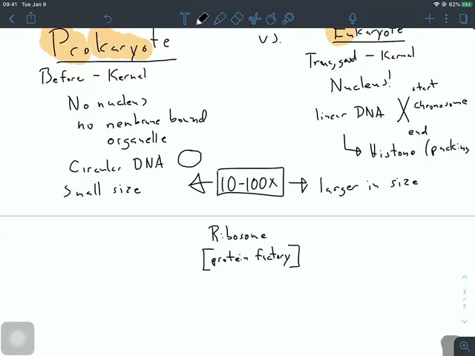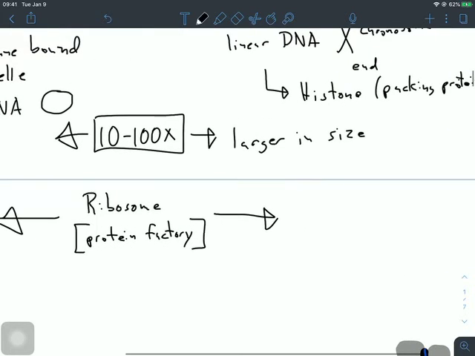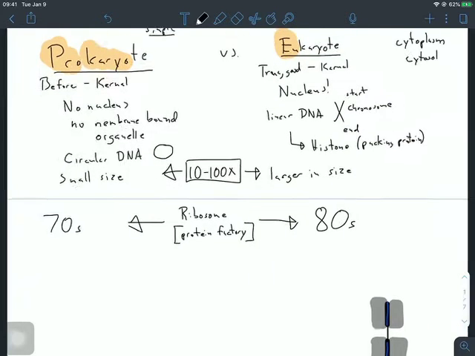And in order to help us distinguish between prokaryotes and eukaryotes, we can use a structural feature that separates the ribosomes of these two major different groups. In prokaryotes, you have ribosomes that are 70S in size, whereas in eukaryotes, you have ribosomes that are 80S in size.